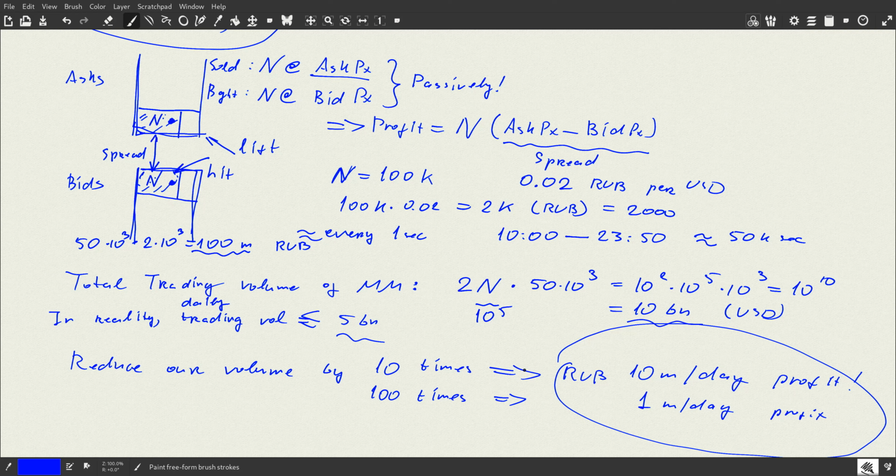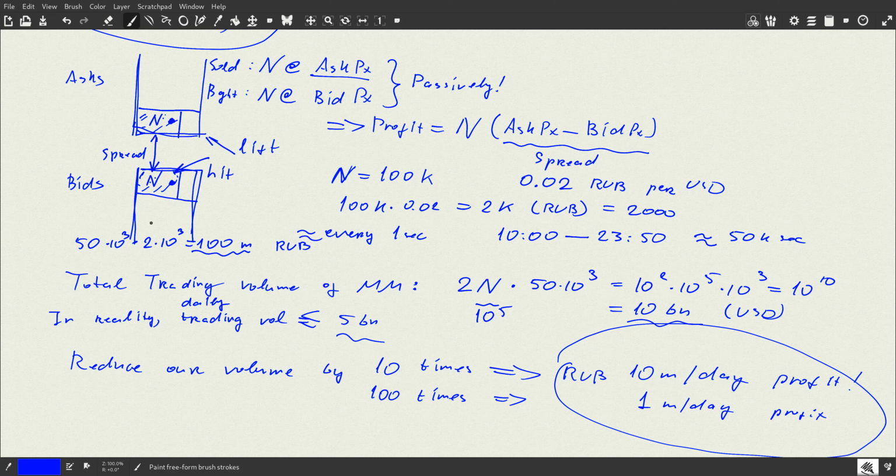The Moscow exchange provides you with a leverage of factor 10. So in order to place an order for the size of 100K dollars, you need to deposit 10K dollars to the Moscow exchange. But that's not prohibitive. 10K dollars is a big amount, but not prohibitively large. So technically it is possible.